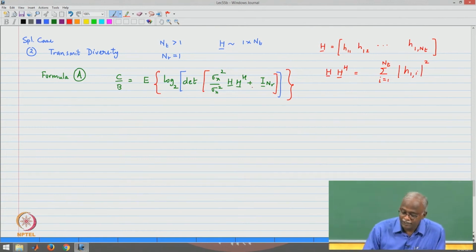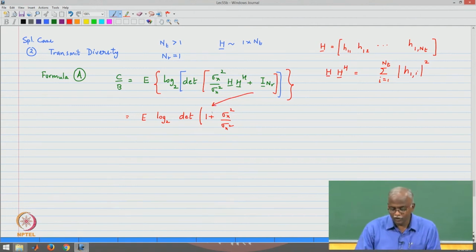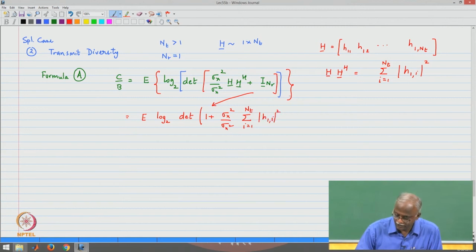So, using this expression, we now obtain that this is equal to expected value of logarithm base 2 of the determinant of the following expression, where it is 1 plus sigma x squared by sigma n squared, times summation I equal to 1 through NT mod H1 comma I magnitude squared.